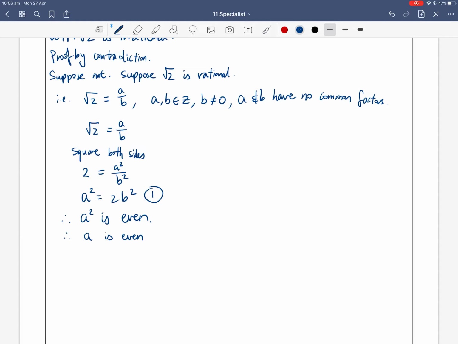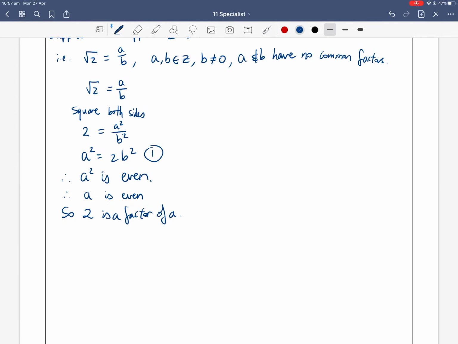Okay, so if a is even, what does that mean? Well, if a is even, then it's divisible by 2, so 2 is a factor of a.